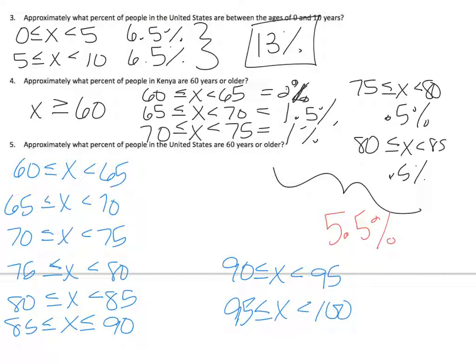So 60 to 65, it looks to be about 5.5. I'm going to change colors.